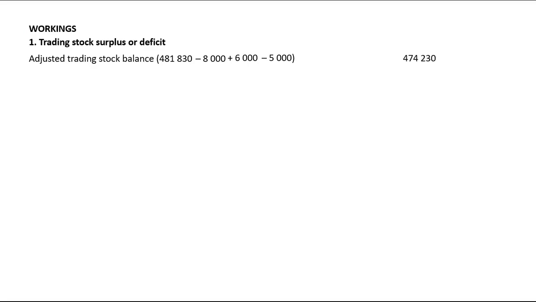Remember, for 8,000, we use the invoice. For 6,000, we use the credit note. For 5,000, it is a general voucher. Okay, so basically, this is just based on the documents, all right? The documents that we have, and then we recorded it. That's why we adjusted it, and we got that 474,230.